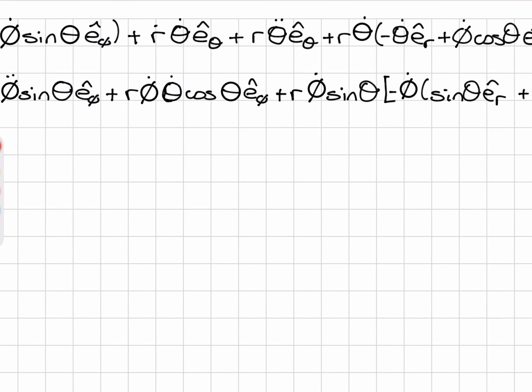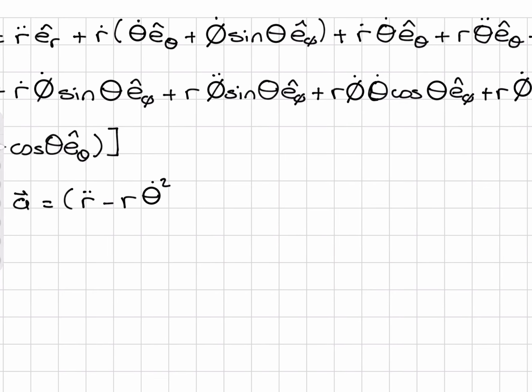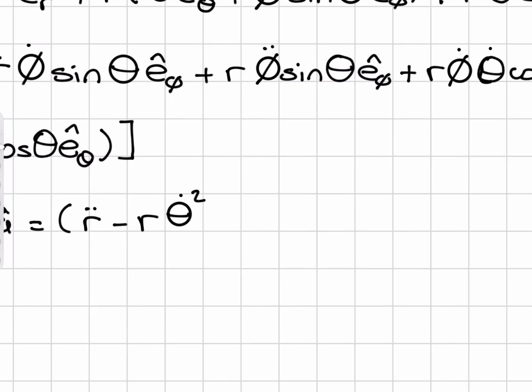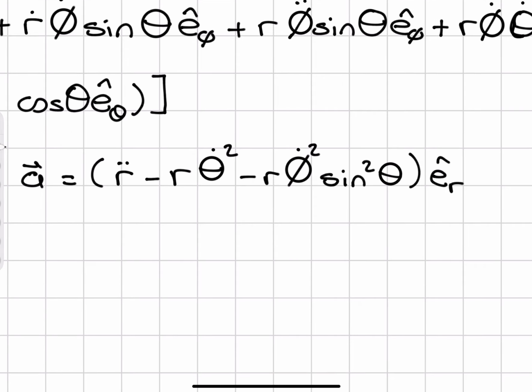We can recognize this one. We have minus phi dot square sine theta times r sine square theta times e r hat. So we have minus r phi dot square sine square theta, and these are all the terms that belong to e r hat for acceleration.